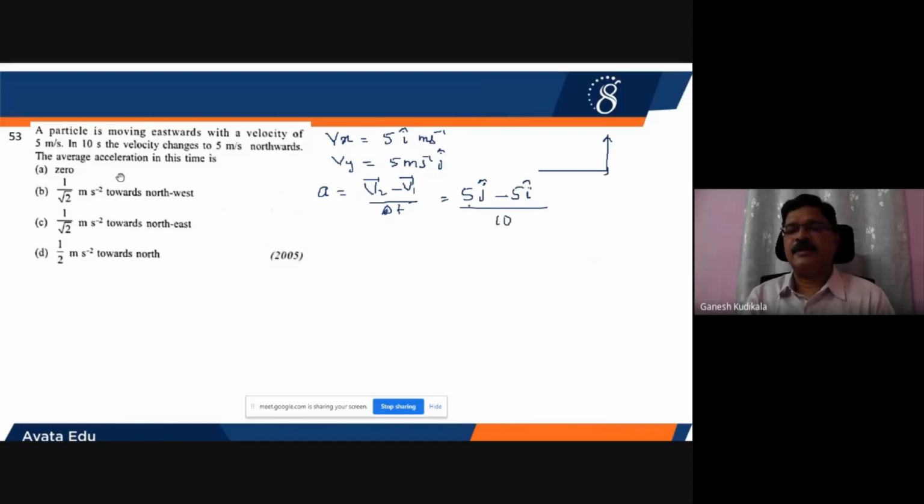If I take 5 out common, I'll get 1 by 2 into j minus i. So negative i plus j.